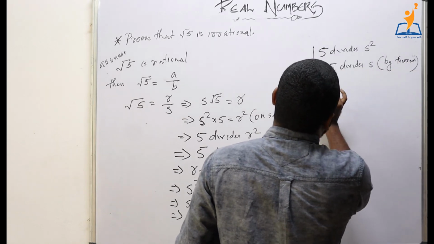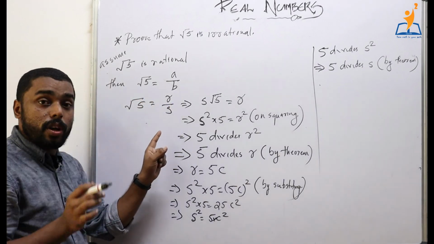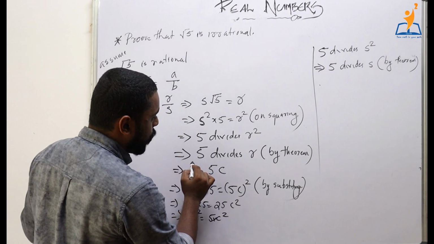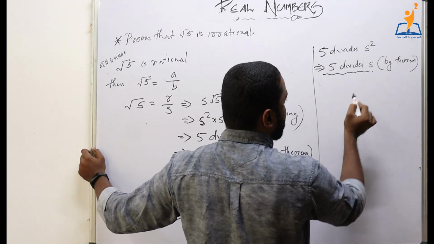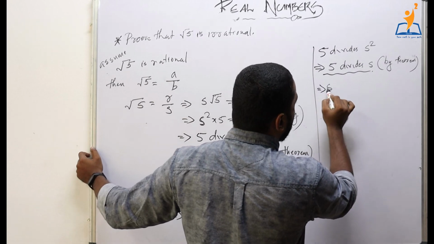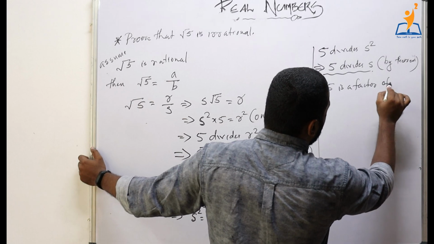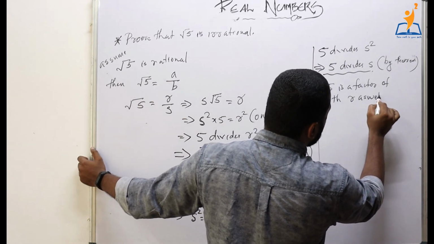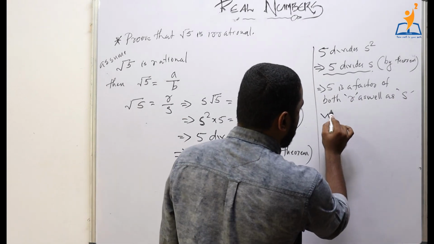We assumed that r and s do not have any common factor, but on moving through the proof we get 5 divides r as well as 5 divides s, which means that 5 is a factor of both r as well as s, which is a contradiction.